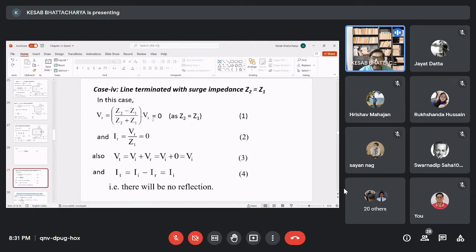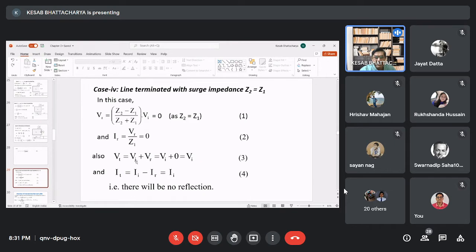Therefore, there will be no reflection of voltages from the line termination, because here the surge impedance of both the lines is the same, so there is no discontinuity. Same line is there. So when any line is terminated at its surge impedance, there is no reflection from that point. And IR, since VR is equal to 0, IR is also equal to 0.